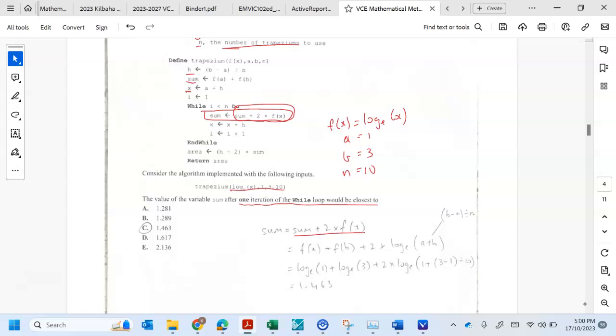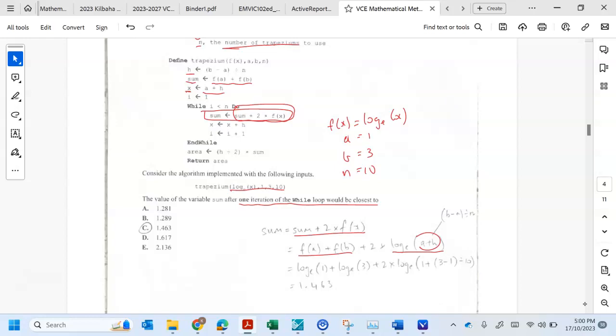So what is the sum? The sum has been allocated f of a plus f of b. And then 2 times f of x. So f of x is log base e, and x is a plus h. That's why there's a plus h here.